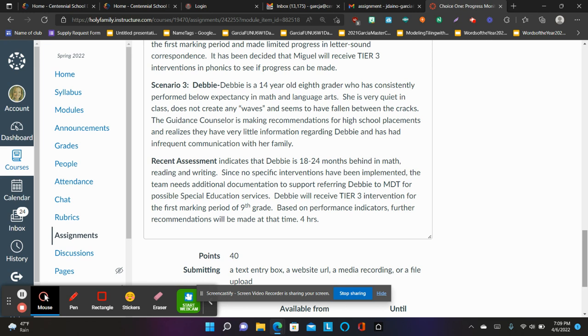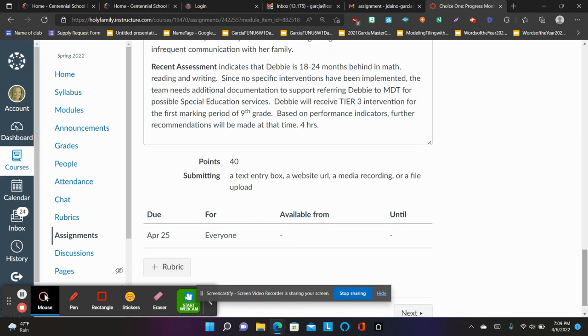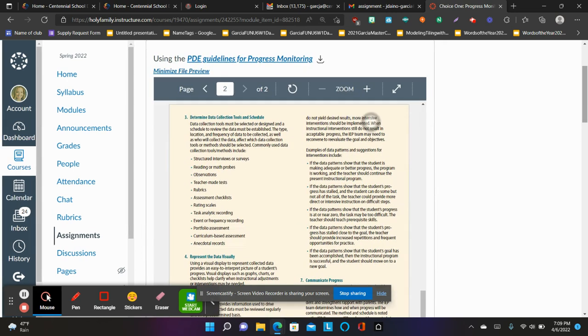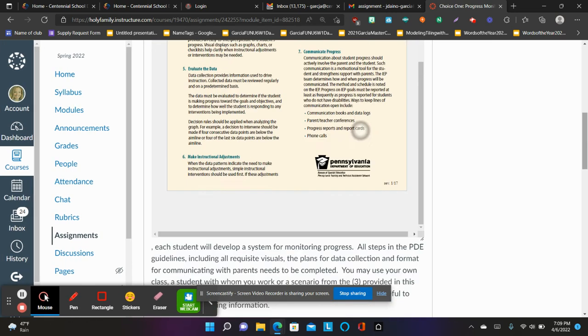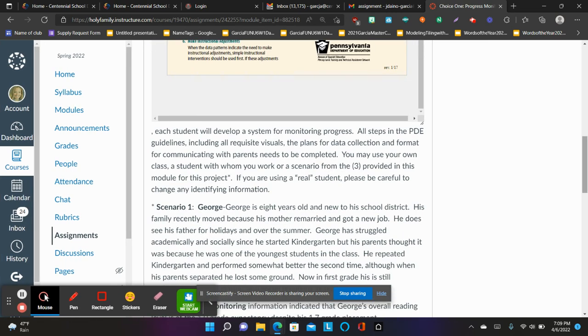Okay, so what your plan will be is to mainly show me how you would develop a system for monitoring progress for these 3 students. I'm expecting approximately 2 pages for each scenario with your graphics and anything else embedded.